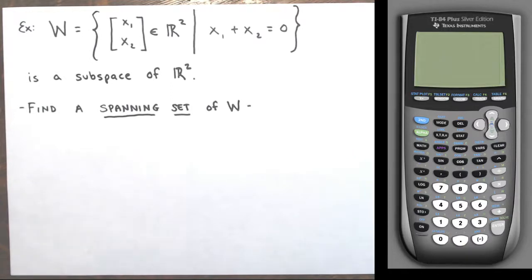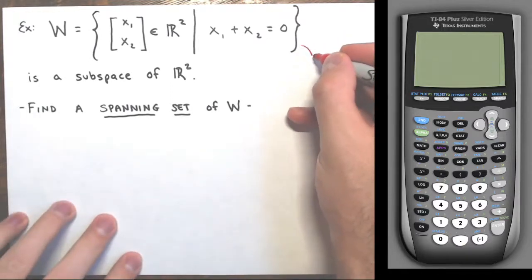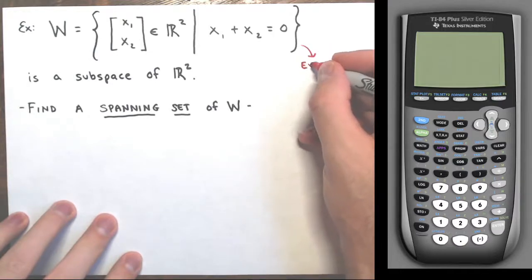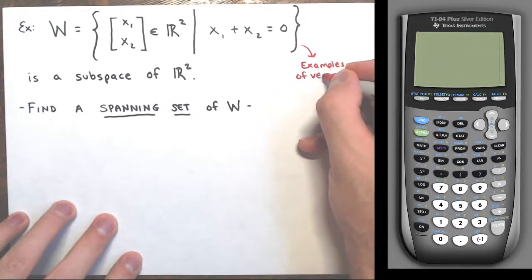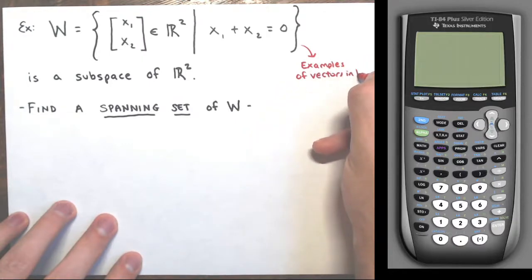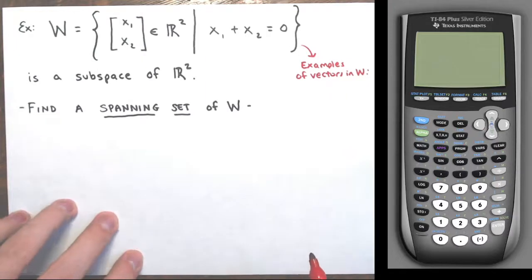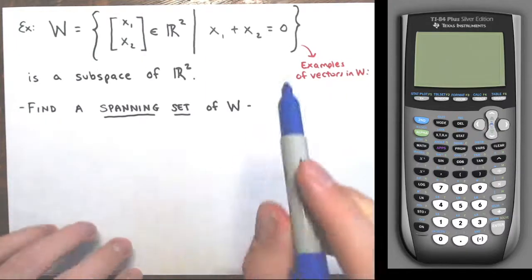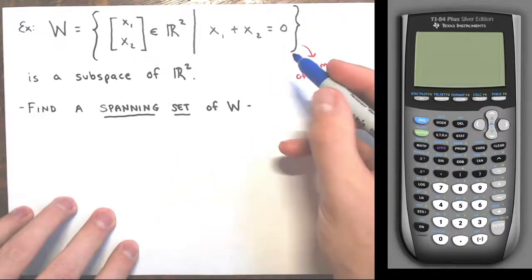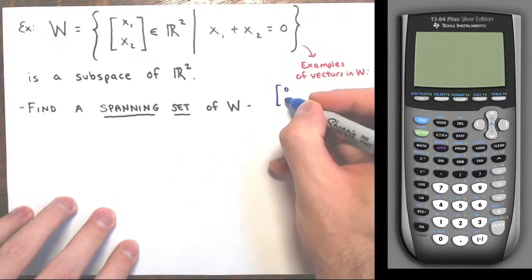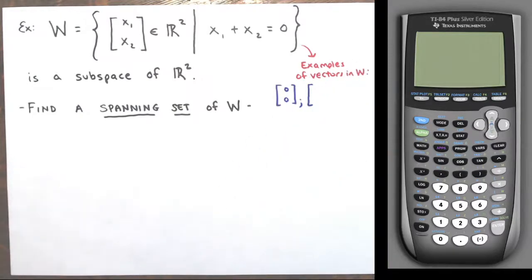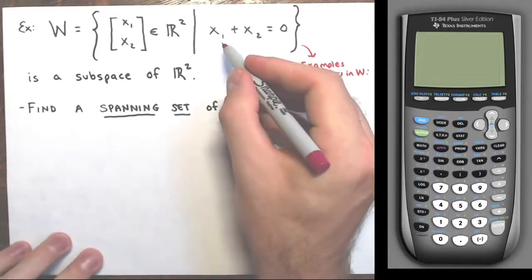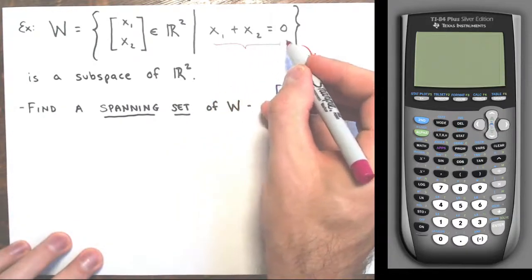All right, so as I did last time, before I get into actually finding that spanning set, I'm just going to put some examples of vectors that would actually be in W. Now, obviously 0 plus 0 is 0, so x1 equals 0, x2 equals 0, the 0 vector is in W. And really, kind of like in the last example, I can look at this equation here, x1 plus x2 equals 0, and solve for one of the variables.